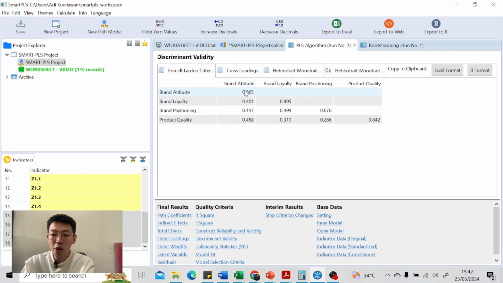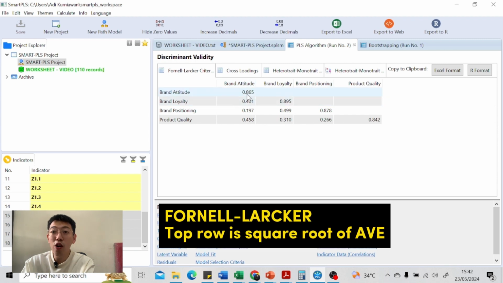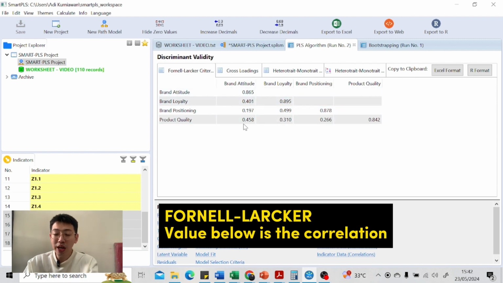The top row is the square root of AVE, average variance extracted, and it will be diagonal. So 0.865 is the square root of AVE of the brand attitude. This is as well the square root of AVE of the brand loyalty and so on. While the value below is the correlation between two variables. It means between brand attitude and also brand loyalty.